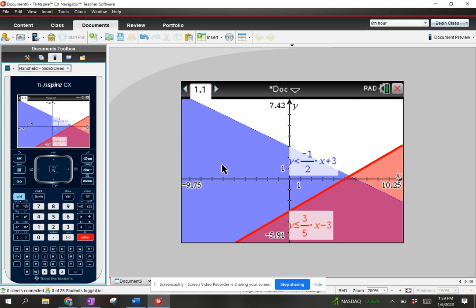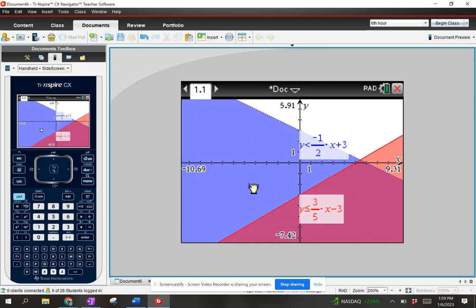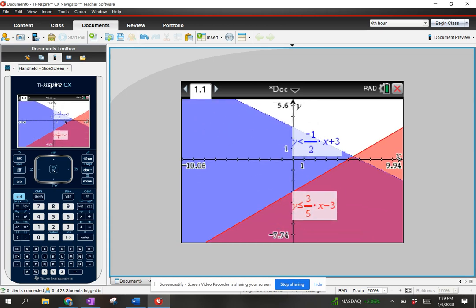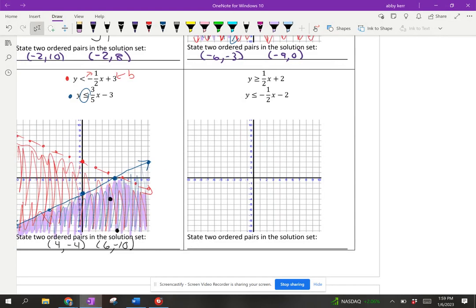So this shows and confirms that we are correct. Notice that it's less than or equal to, and my red line is a solid line, just like how you graphed. So once again, please hit pause here. Try to do the bottom right by yourself, and then confirm it on the calculator.